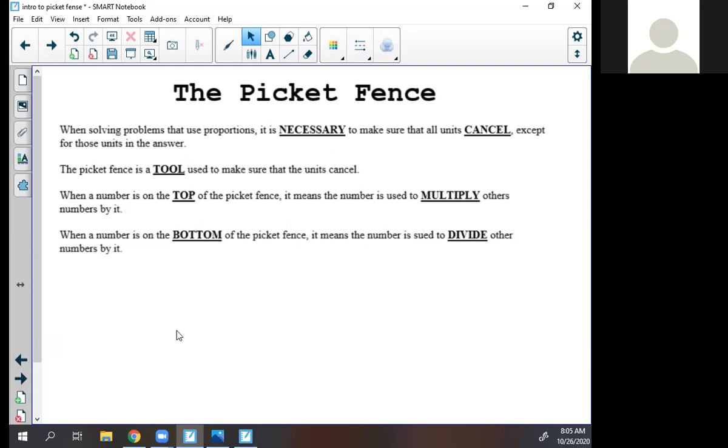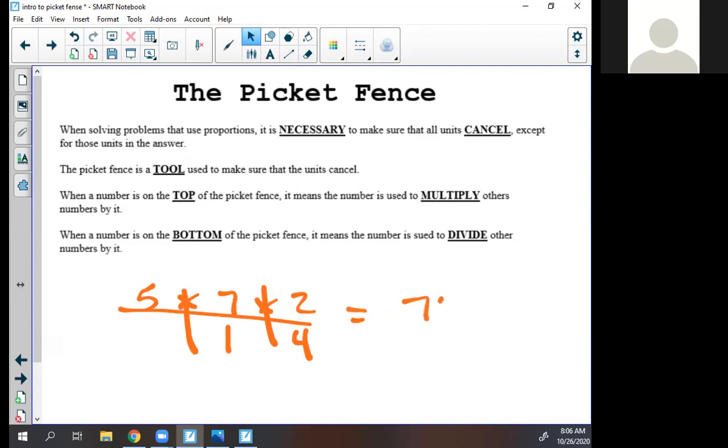Okay, so just quickly, if it looks something like this, like a 5, a 7, a 2, a 1, and a 4, you multiply all the numbers on top. So you get 70, I think. And then you would divide by the numbers multiplied on bottom.